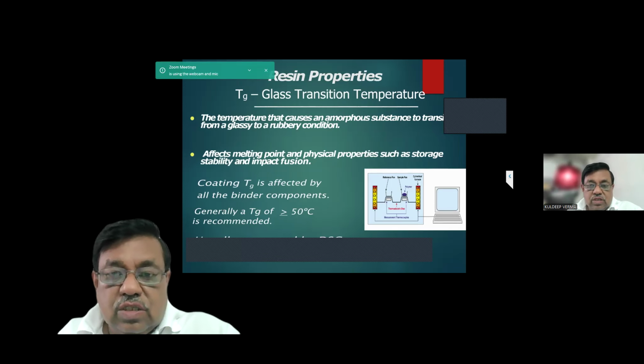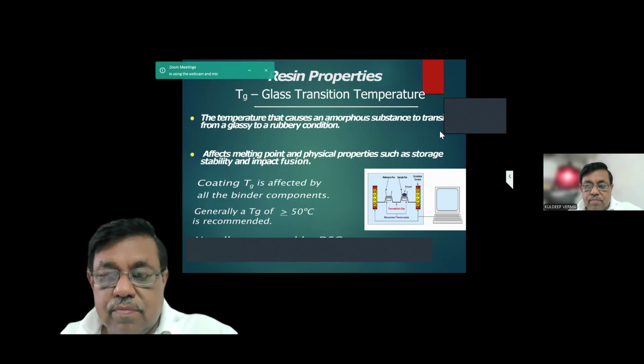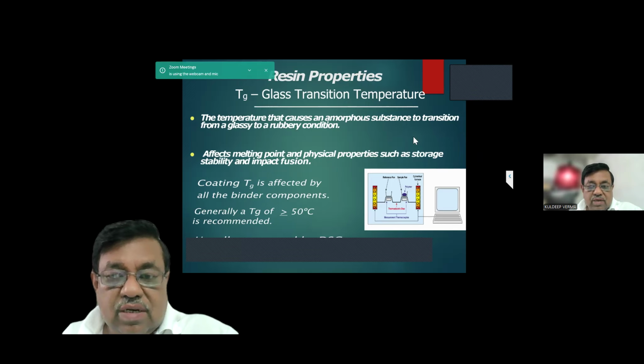The Tg, the glass transition temperature, is very important. The temperature that causes an amorphous substrate to transit from glassy to rubbery condition is called the glass transition temperature, and the stage is the glass transition state. This affects melting point and physical properties such as storage stability and impact fusion.